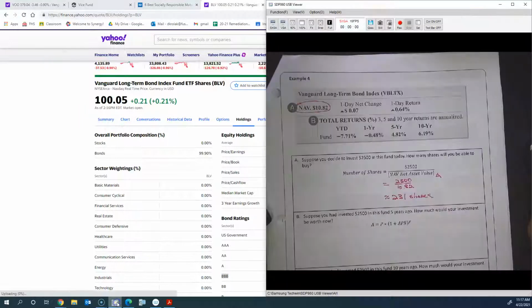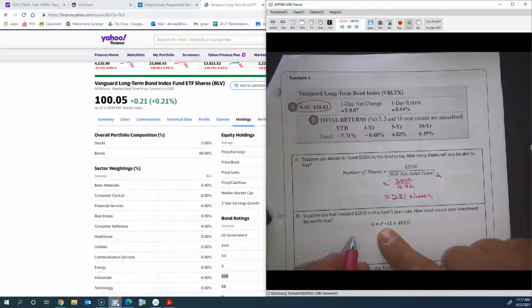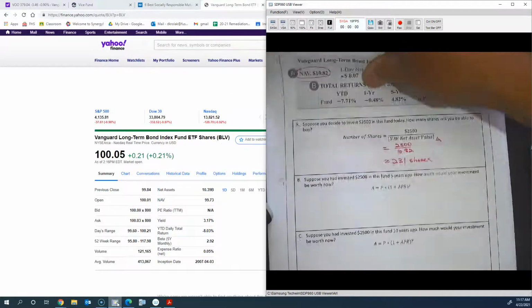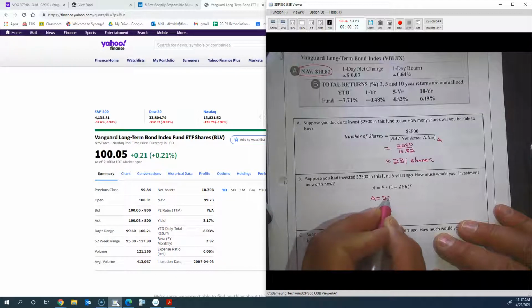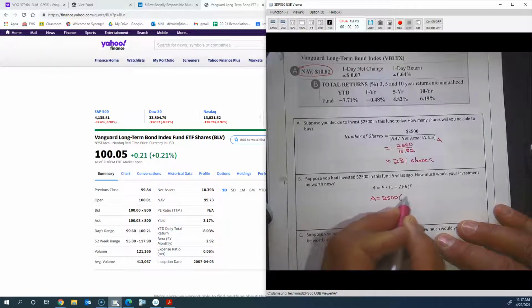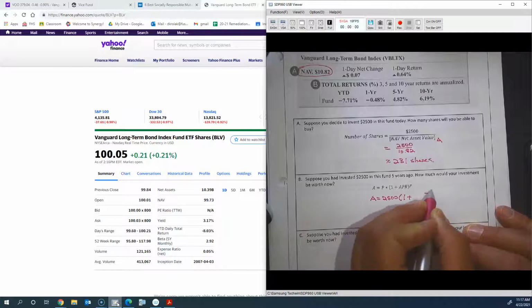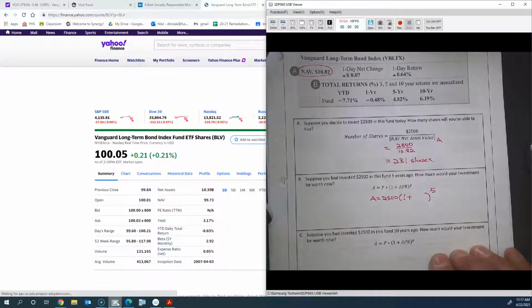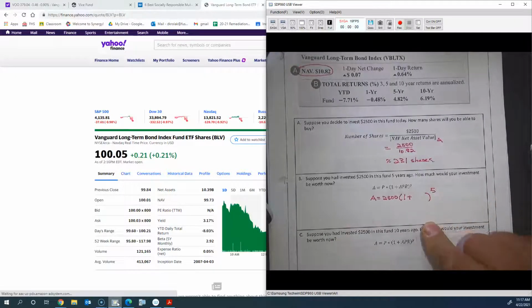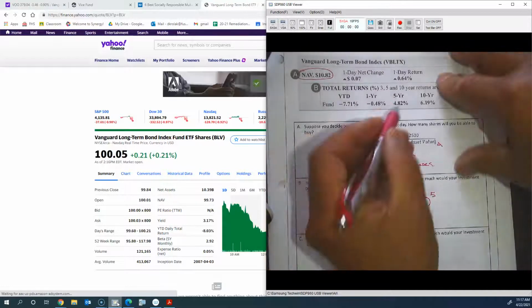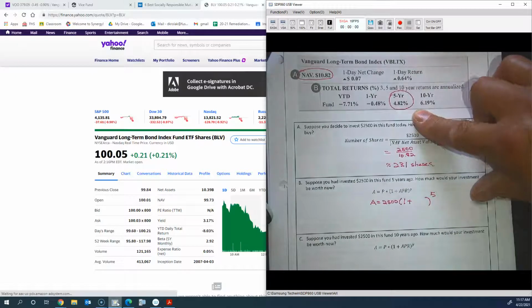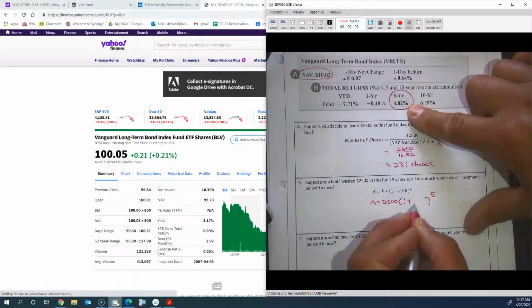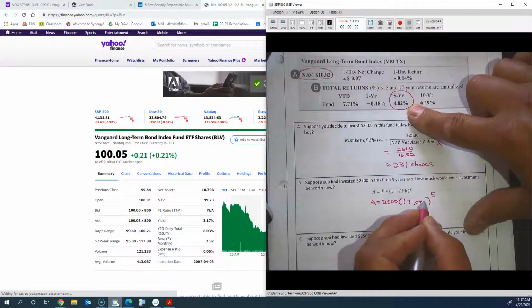Then to get the different worths, if I took this fund, took my $2,500, and invested it 5 years ago, then I go up here, here's the interest that I earned for 5 years. That's going to be 0.0482.